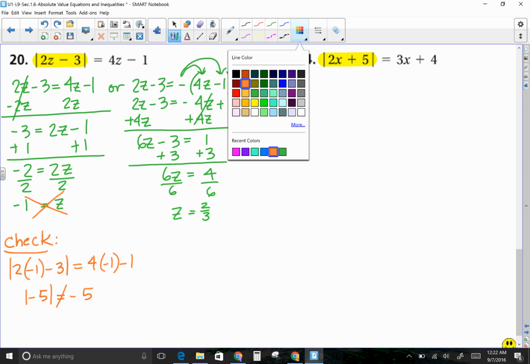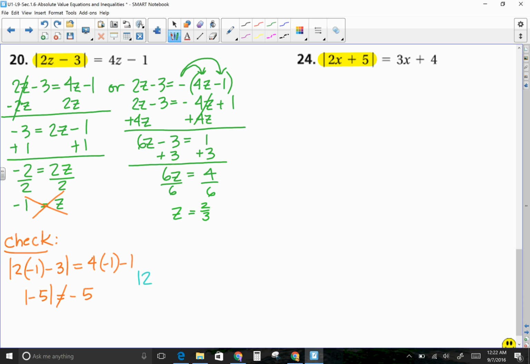All right, let's go check this other one. In this one, I'm going to have the absolute value of 2 times 2/3 minus 3. Does that equal 4 times 2/3 minus 1? Okay, now you can get your handy dandy calculator and put that together.